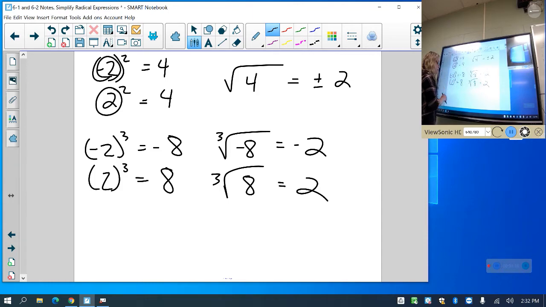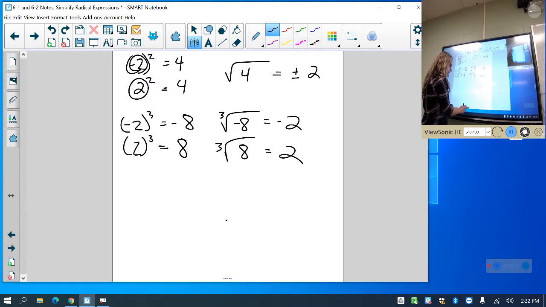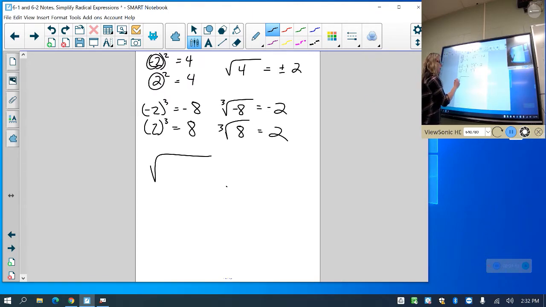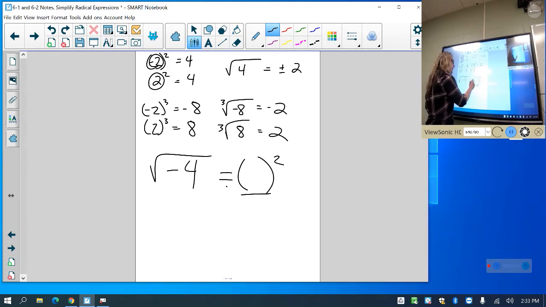So here's the deal. When you take the square root of something, okay, we know we can have two solutions. However, we know that we can never have a negative underneath the root. What is the square root of negative 4? Well, what two numbers can you multiply or square and get a negative? Well, you can't, because if I put negative 2 in here, I get a positive 4. If I put positive 2 in here, I get a positive 4.